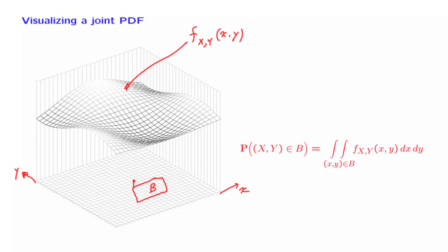Pictorially, what this means is that we look at the volume that sits on top of that set, but below the joint PDF. And so we obtain some three-dimensional object of this kind. And this integral corresponds to actually finding this volume here. The volume that sits on top of the set B, but which is below the joint PDF.